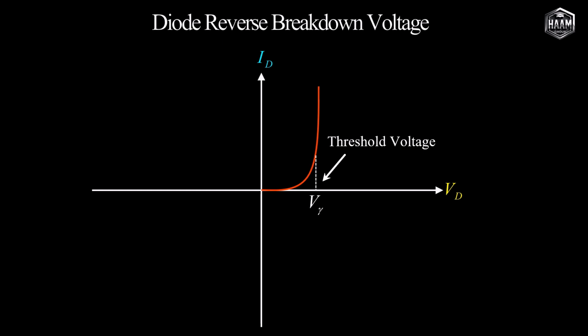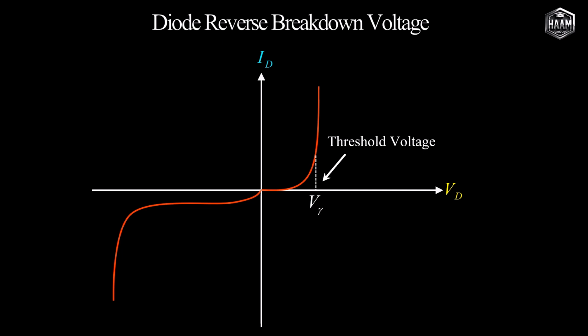As discussed, in the reverse region of the characteristic curve, the current initially rises from 0 to a value of I sub S and then remains approximately constant at I sub S over a range of reverse bias voltages. However, beyond a certain point, this behavior no longer holds.